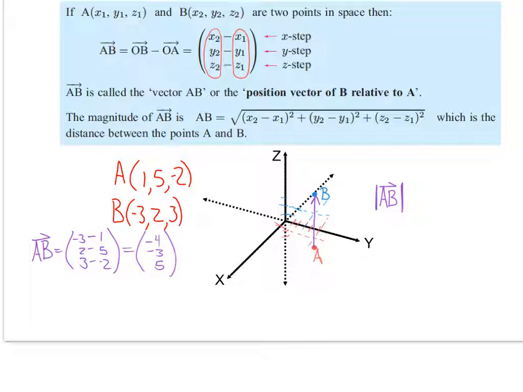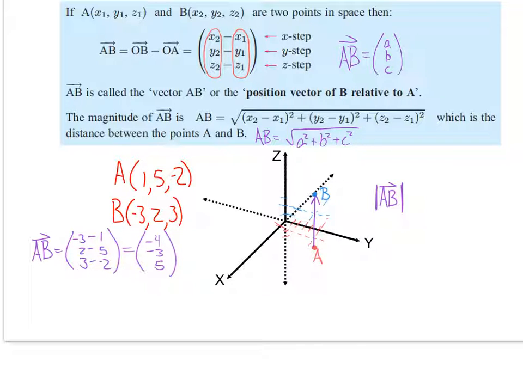So, for example, if I wrote AB as ⟨a, b, c⟩, then I could rewrite this formula and say the magnitude of AB is the square root of a squared plus b squared plus c squared. It's just like in 2 dimensions, a squared plus b squared, but now we have that third dimension, c squared, that we've got to add in there as well.